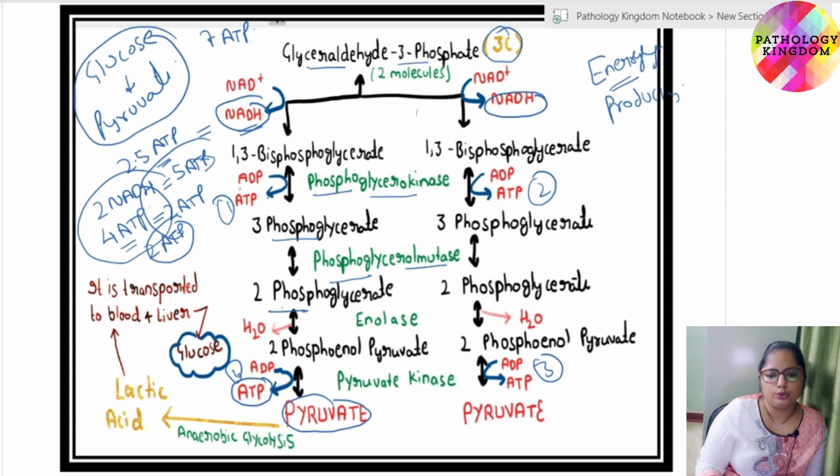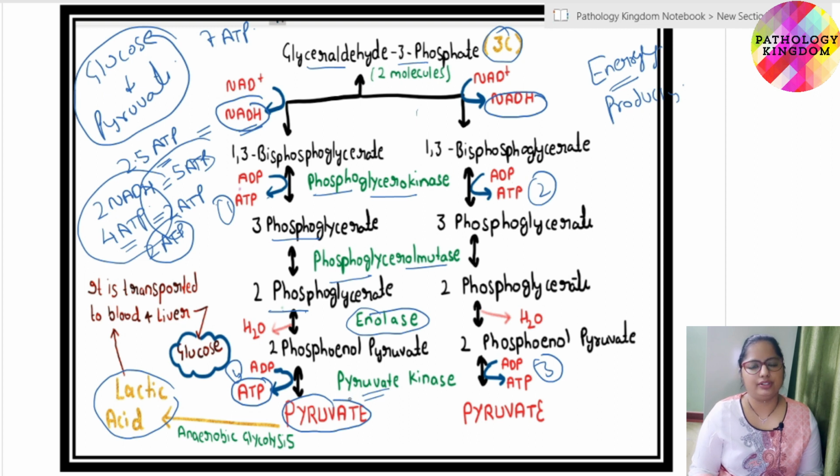And then 2-phosphoglycerate is converted into phosphoenolpyruvate with the help of enzyme enolase, and this is finally converted into pyruvate with the help of enzyme pyruvate kinase, and this pyruvate is converted into lactic acid, which is transported to blood and liver.